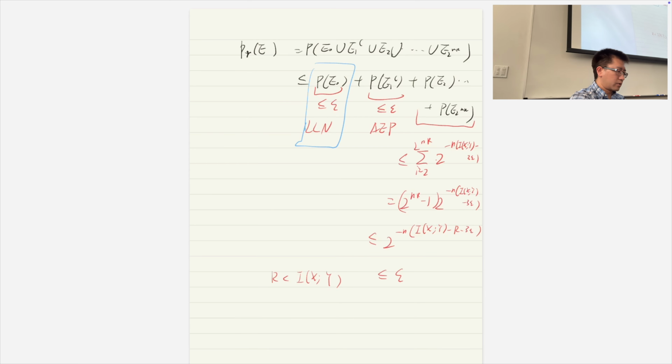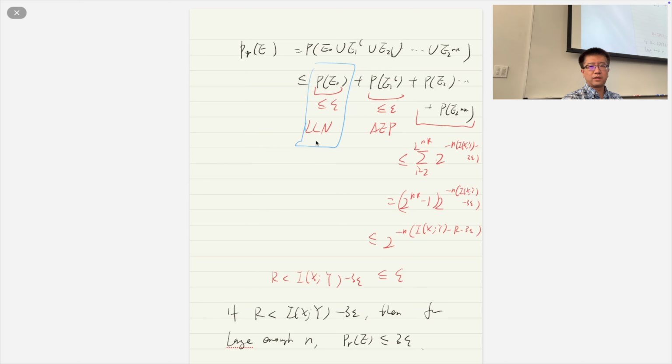Therefore the conclusion is that if R is less than the mutual information minus 3 epsilon, we need to make sure there's a minus 3 epsilon, then for large enough n, the error probability will be less than or equal to 3 epsilon, because we have one epsilon here, one epsilon here, and one epsilon here.